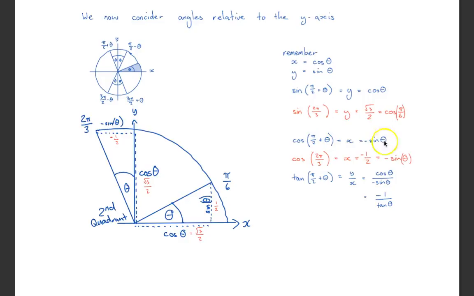So just putting an example there, say for instance you're asked to find sine of 2 pi on 3. So sine of 2 pi on 3 would put you over here. The y-coordinate of that value can be calculated from our reference angle. So if this full thing here is 2 pi on 3, then this angle that's in here is pi on 6.